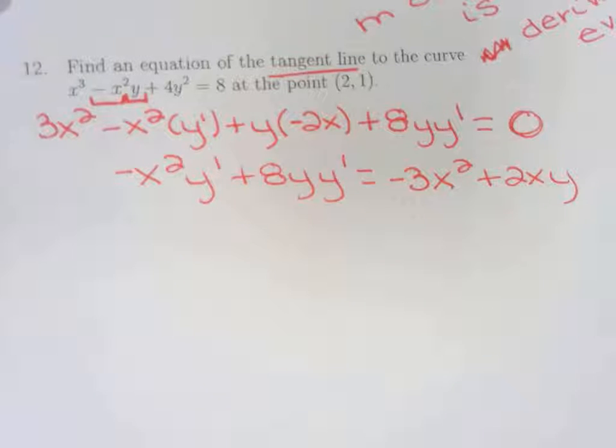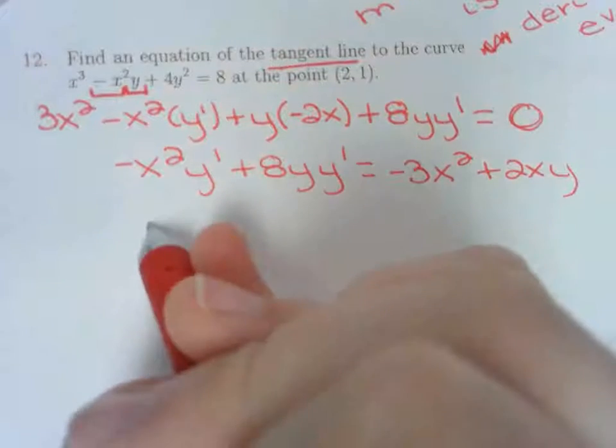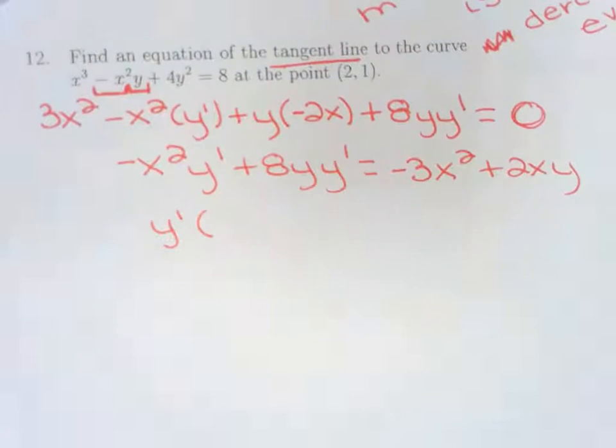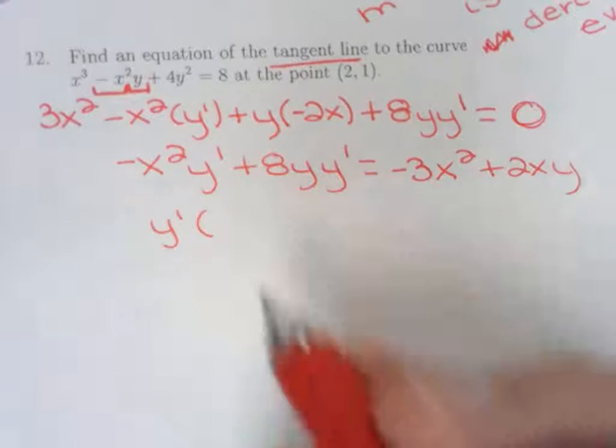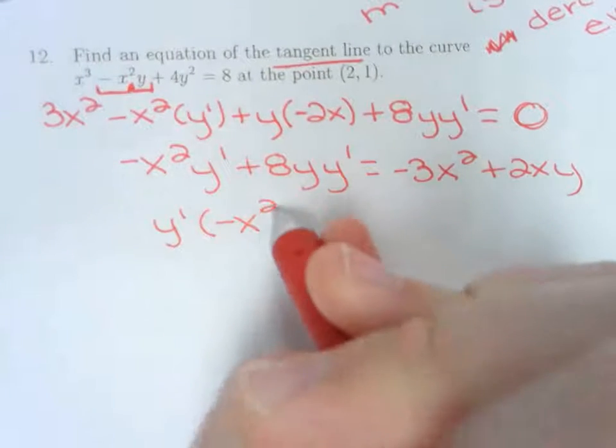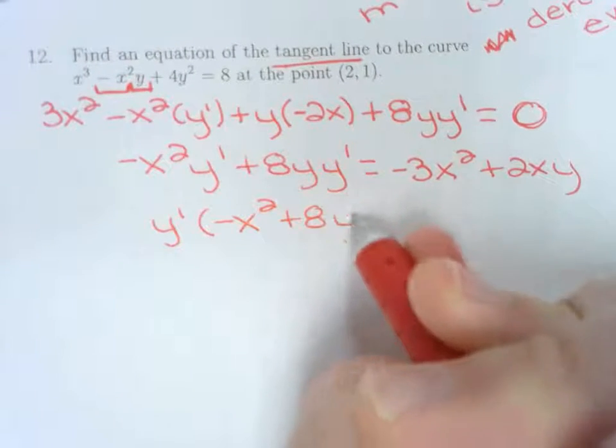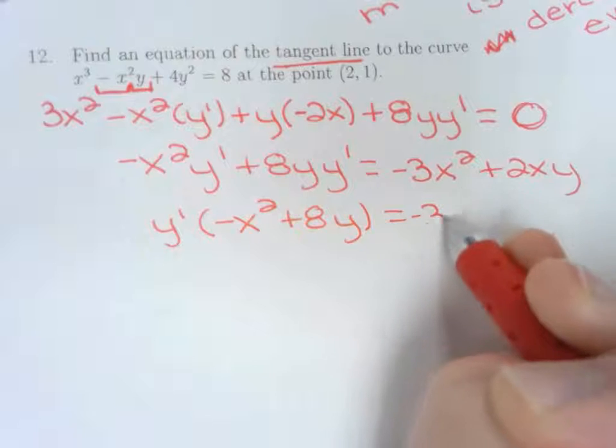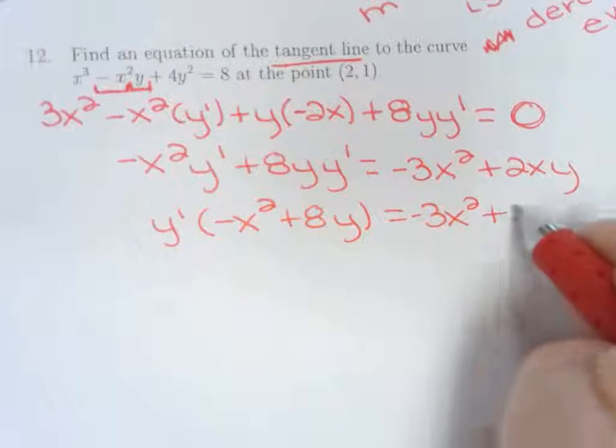We've done this strategy before. When you have multiple y primes, get everything with y prime on one side. That will allow you to factor it out, which is nice because then I just have a single y prime. So if I factor a y prime out, I get negative x squared plus 8y equals negative 3x squared plus 2xy.